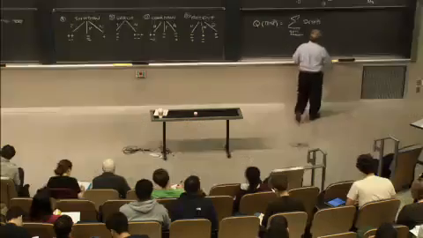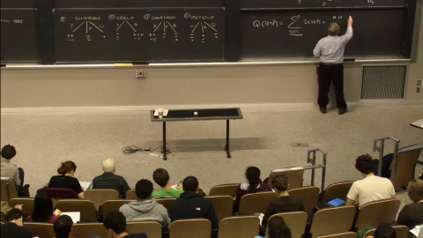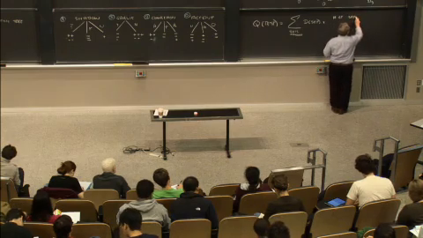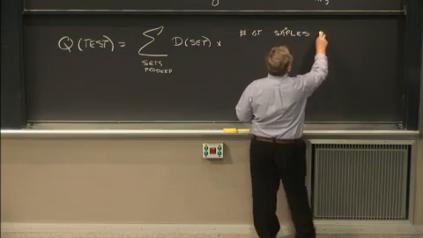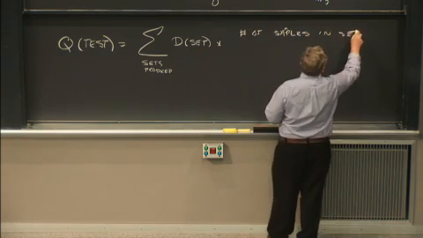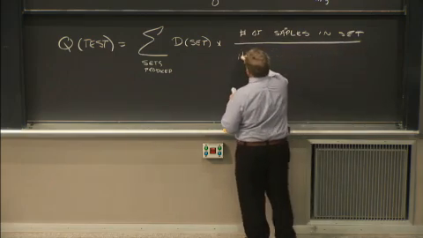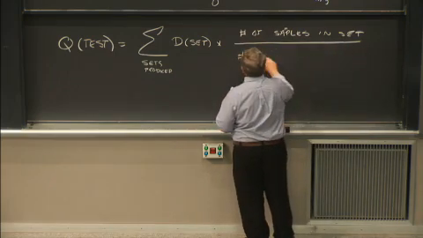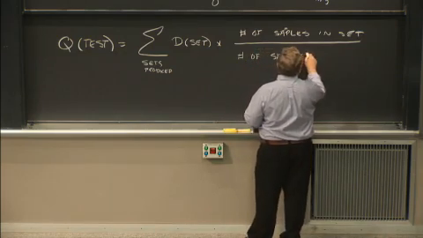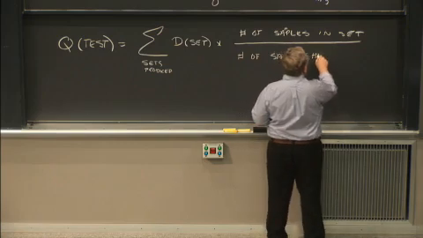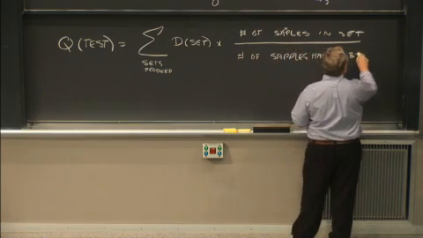So we're going to multiply that times the number of samples in the set divided by the number of samples handled by the test.